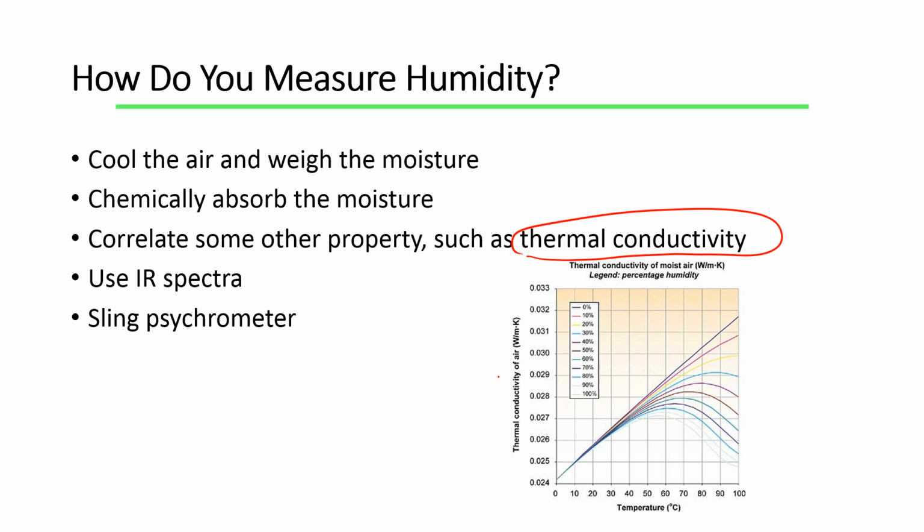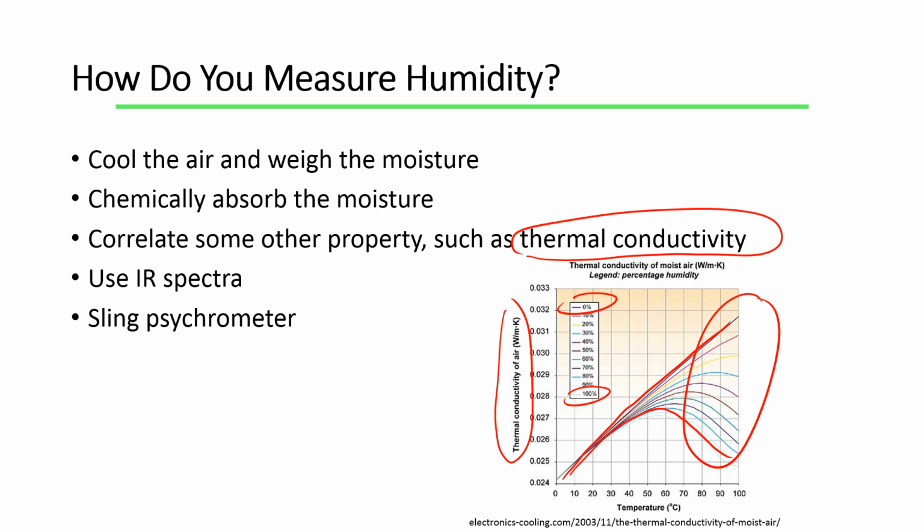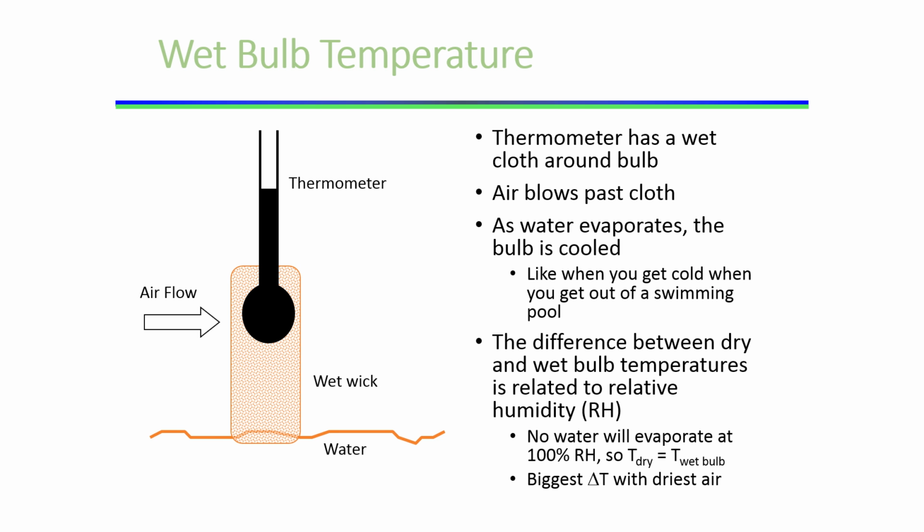You know that thermal conductivity of air with changing temperature, if you have no water, it's fairly linear, but as you have more water, then it's going to change with that humidity. So you can measure thermal conductivity, for example, and then infer the humidity. Okay, so that's how you measure it.